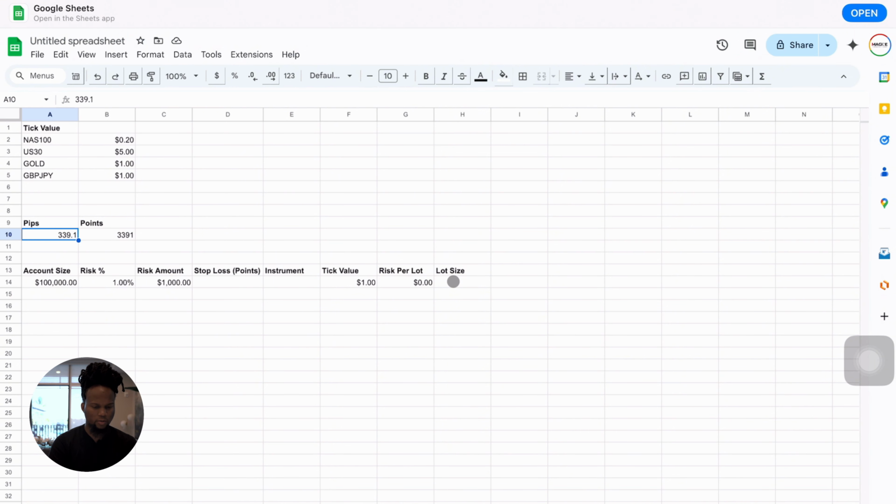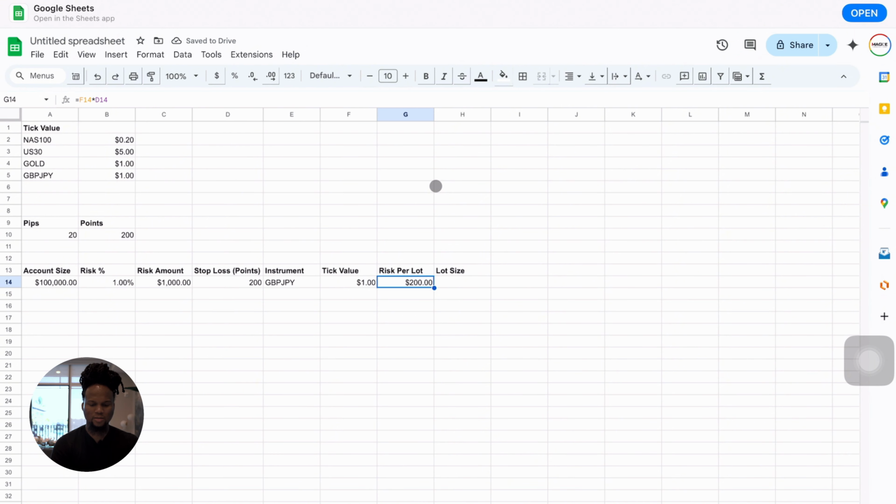For example, if the stop loss area is 20 pips for GBP JPY, that is going to be 200 points.